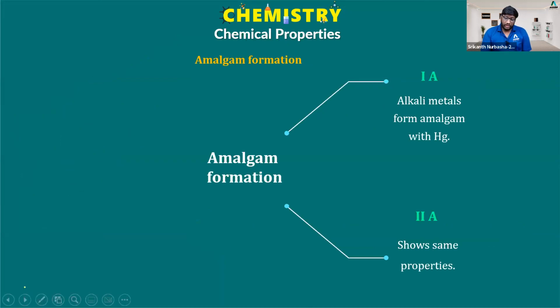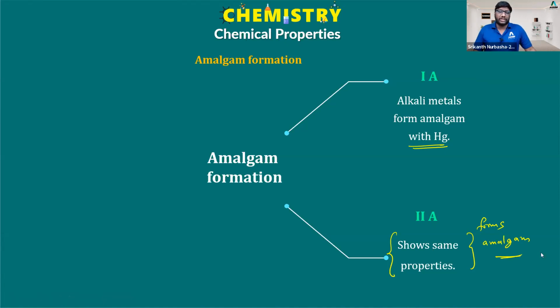Amalgam formation. Alkali metals form amalgam with mercury, and alkaline earth metals also show some such properties. That means they also form amalgam. Like sodium, in the electrolytic reduction of a brine solution, we have Na plus and Cl minus ions. Whenever the electrode is mercury, what happens? The Na plus will reach the mercury electrode and form the amalgam.